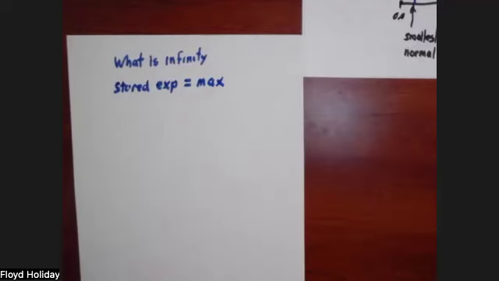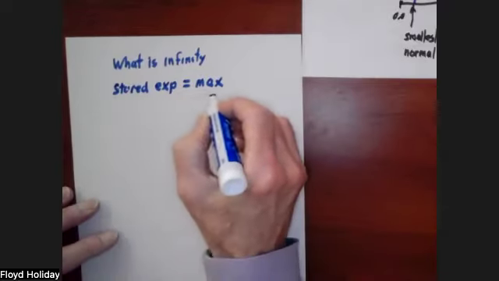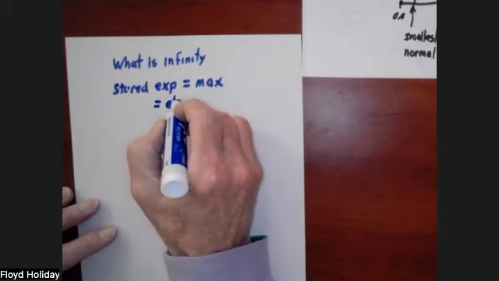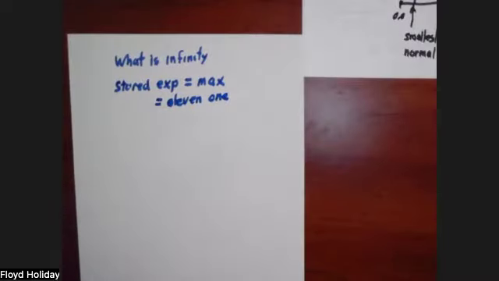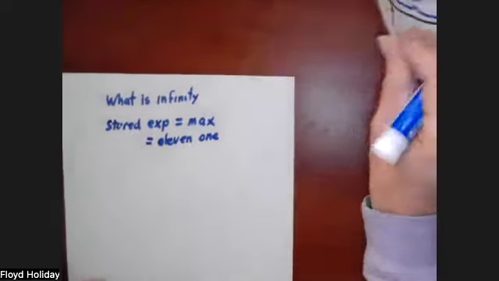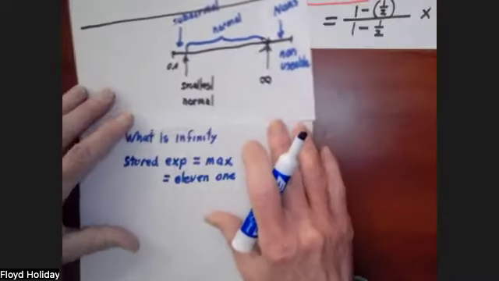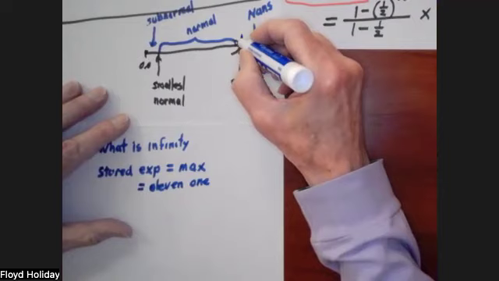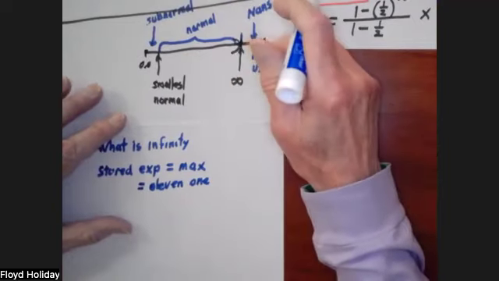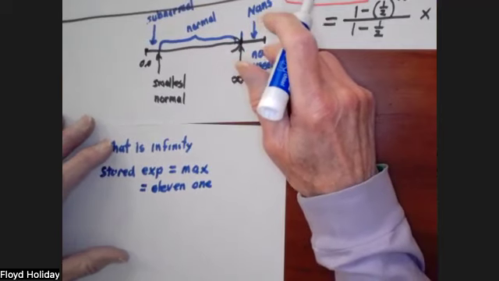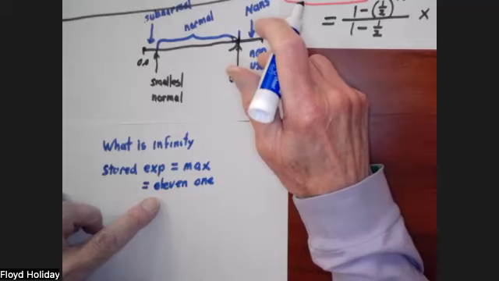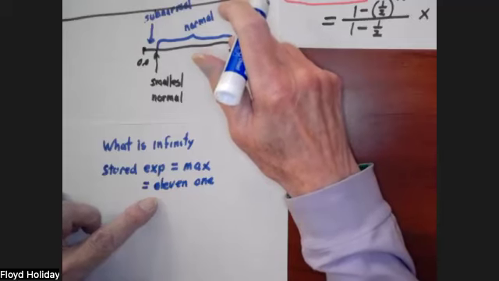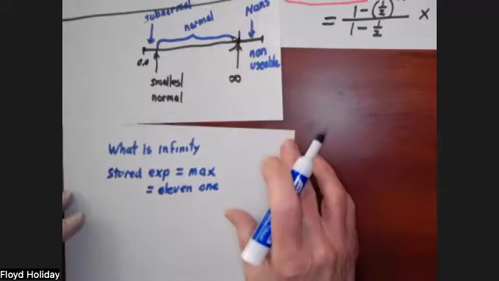All stored exponents have 11 bits, and so this stored exponent would be 11 ones. And then, see, that's the dividing place between nans and normals. The nans also have that same max exponent, but infinity is the only one that has all zeros for mantissa.